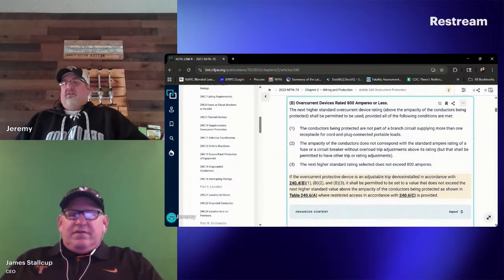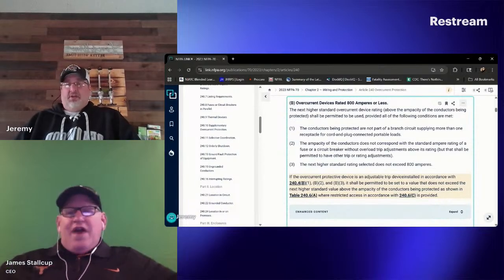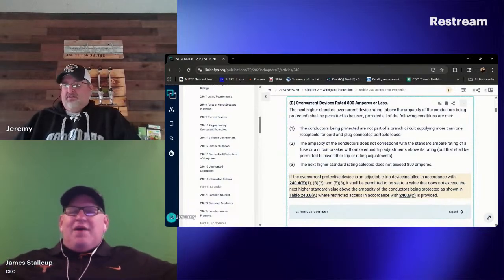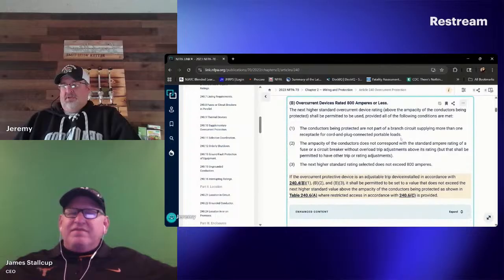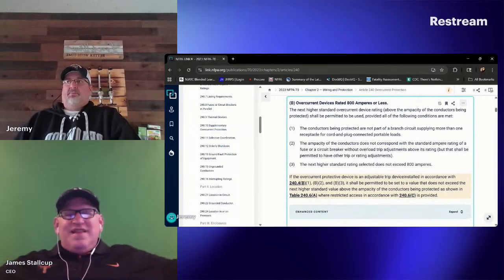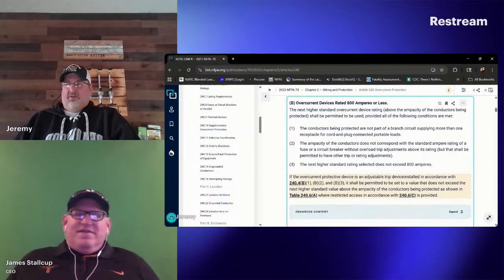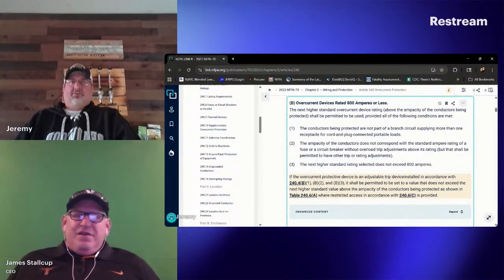I don't see anything talking about protecting a load in 240.4(B). Then explain to me why they had to put in parentheses above the ampacity of the conductors being protected. Because they're saying you can protect the conductor above its ampacity. They're just saying that if I have a 65 amp conductor, a number 6, I can protect it with a 70 amp breaker. That's all it's saying.